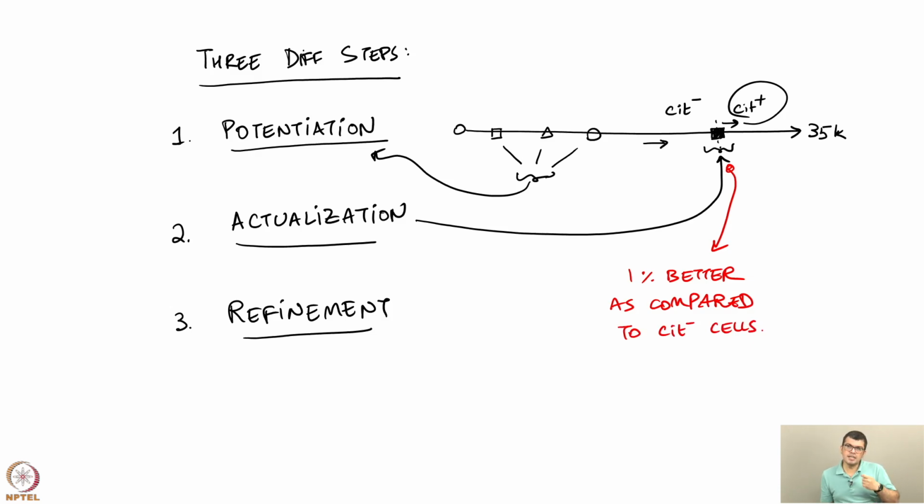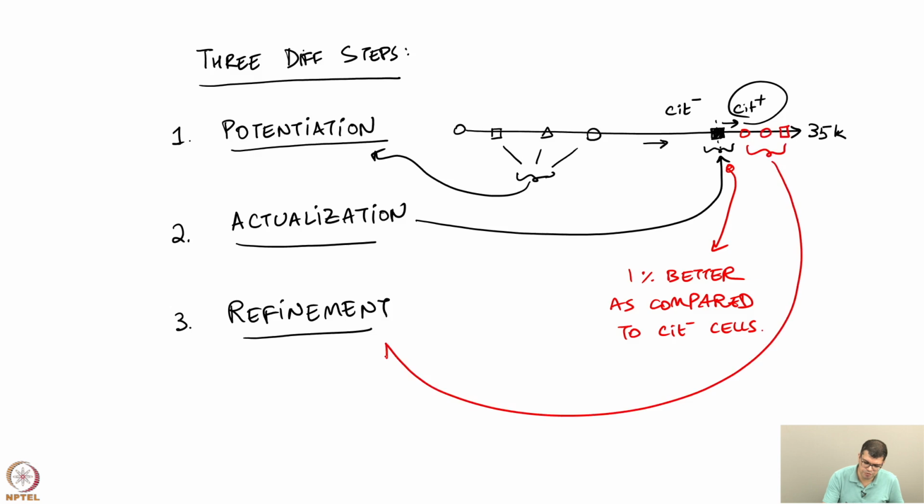The novelty is still bad and it can be improved upon by subsequent mutations. So, these are the refinement mutations that happen after actualization has taken place, which further improve the trait that has been evolved as a result of potentiation and actualization mutations. So, these are roughly the 3 steps in which these complex traits are thought to evolve.